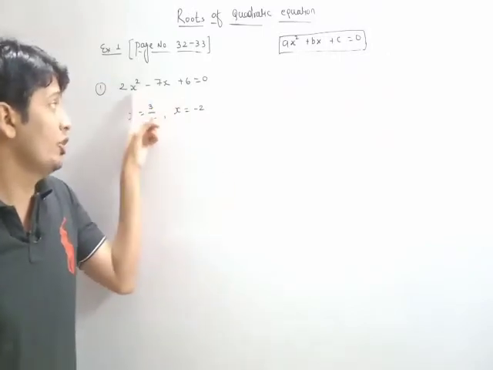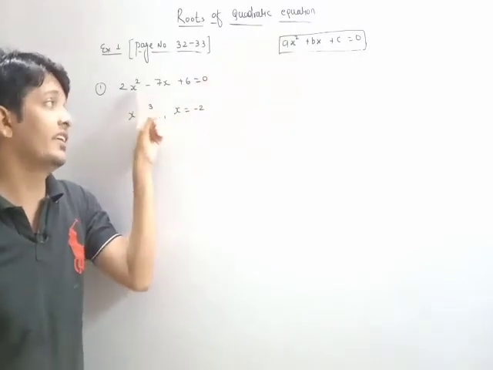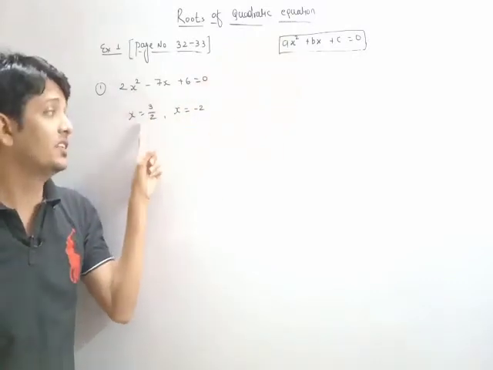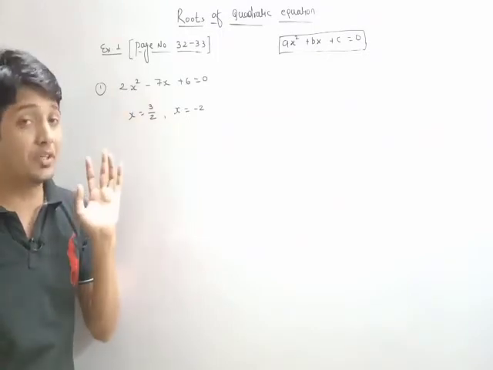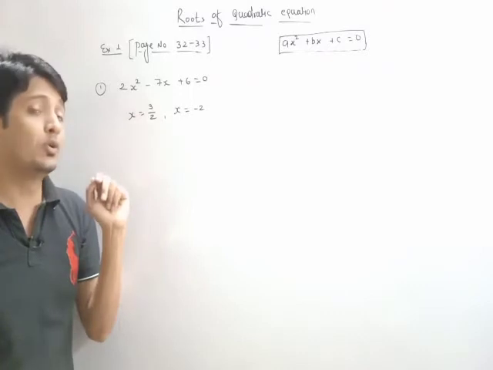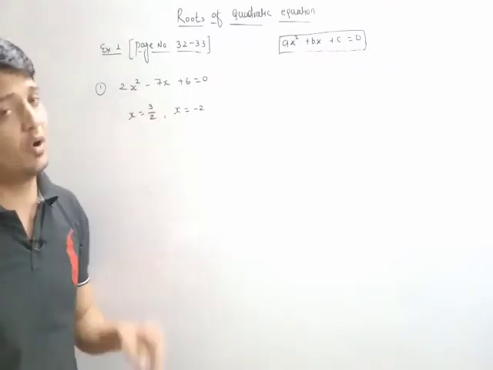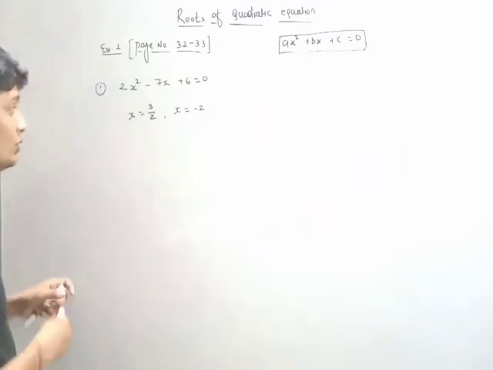But this polynomial is in the form of a quadratic equation. That's why we are saying it is a quadratic equation, and these are the roots of the quadratic equation. But first we have to check whether x equals to 3 by 2 and x equals to minus 2 are the roots of the quadratic equation or not. So we have to solve now.